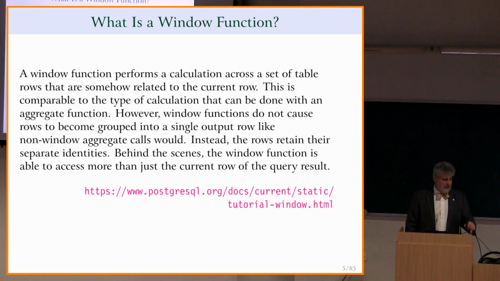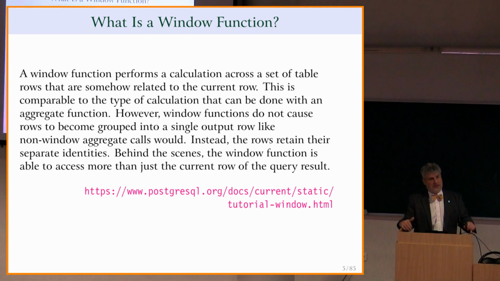This is a section from the Postgres documentation that talks about window functions. I'm not going to go into detail, but there's just one sentence I want to highlight here. Basically, when you normally use an aggregate function, you expect to reduce the number of rows that you get. So if you do a sum on a table, it's going to sum several rows into a single row.